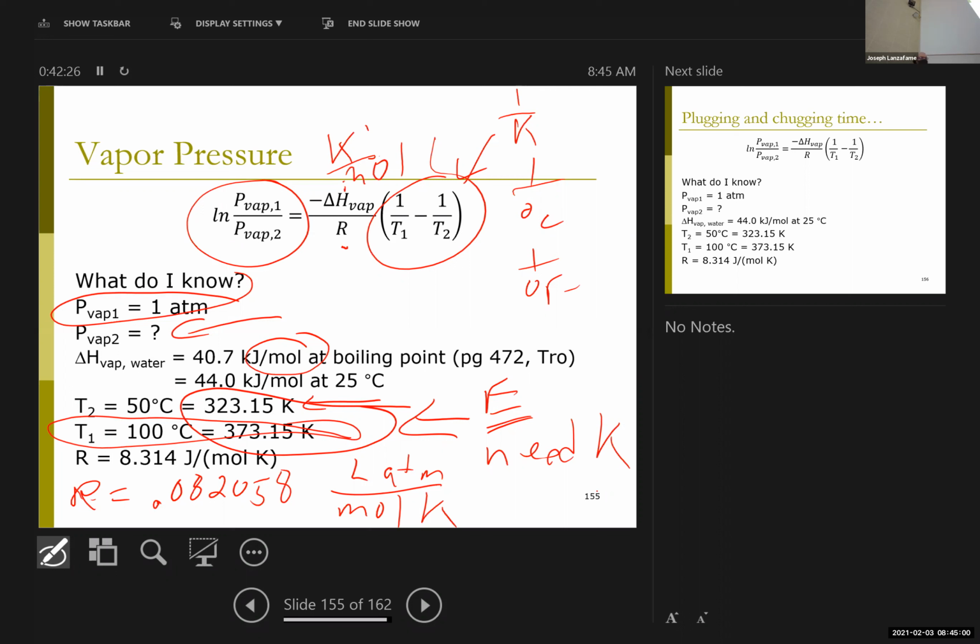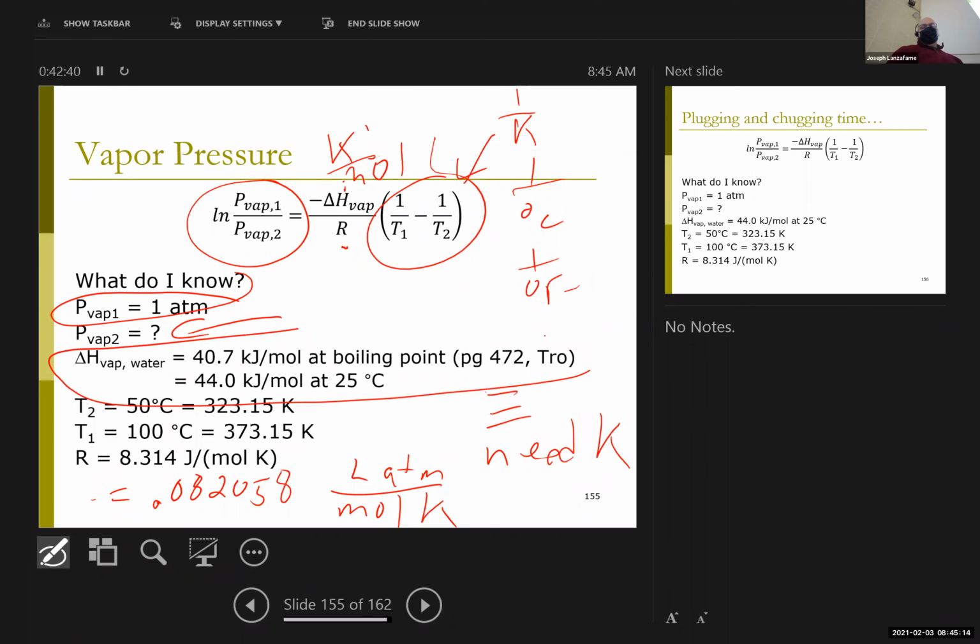The third thing worth noting, I saved the best for last, is if you look up almost any substance, they will usually quote 2 different delta H's of vaporization. They will quote the delta H at the boiling point, which in this case is 100 degrees C or 373 kelvins.